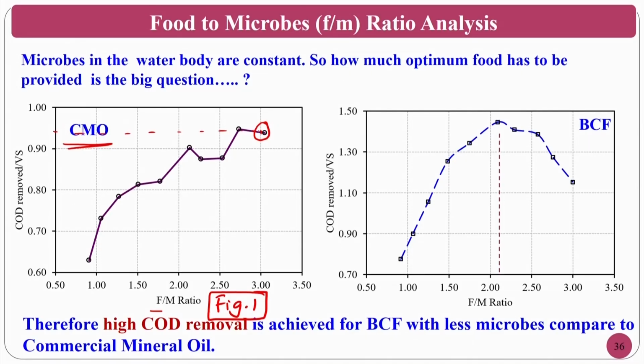But at 2 point something, that is around 2.1, my COD level, if we see for the biocutting fluid, is approximately 1.4 or 1.41 or something. Okay. That means that even though I am supplying a lower food to microbes ratio, I can degrade the biocutting fluid. This is at the laboratory level.